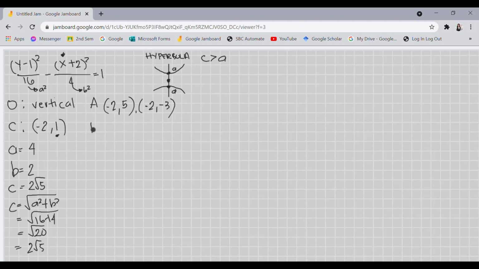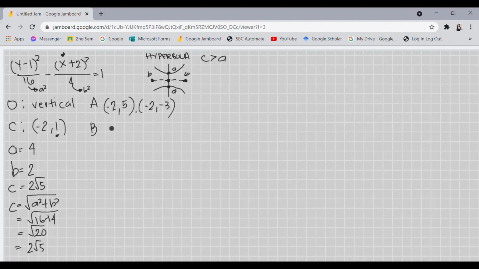And then for your co-vertices, those are the endpoints of your conjugate axis. It is horizontal. Since the orientation of your hyperbola is vertical, the conjugate axis is perpendicular to it. So when horizontal, the movement is left and right. From (−2, 1), the coordinate that changes is the x-coordinate.